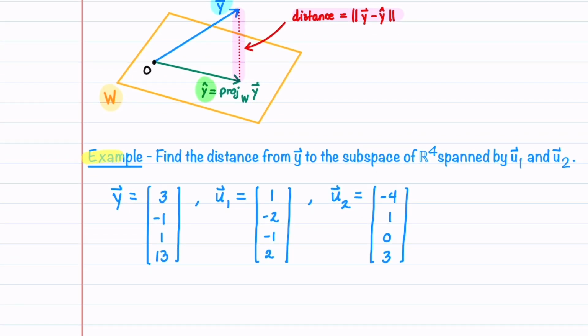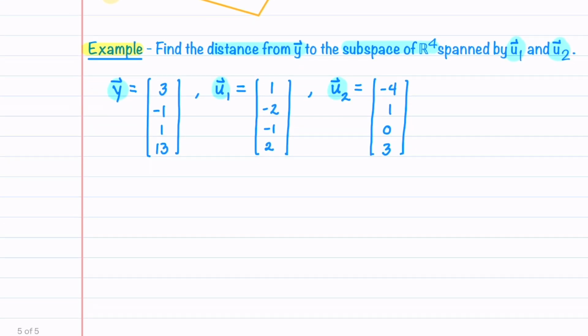Let's walk through an example where we're going to find the distance from our vector y to the subspace of R4 spanned by vectors u1 and u2. Let's begin by writing down our formulas.